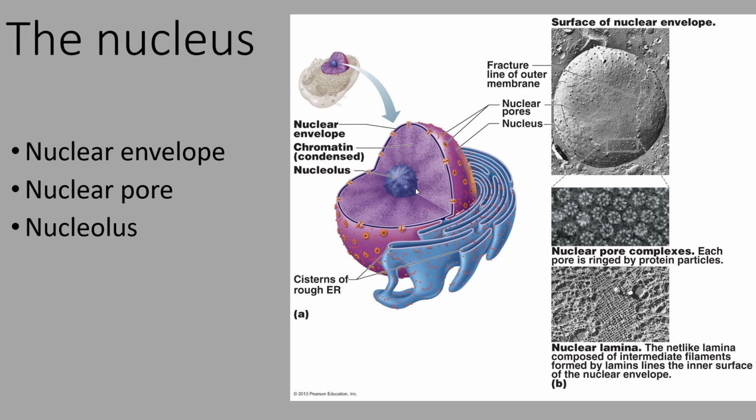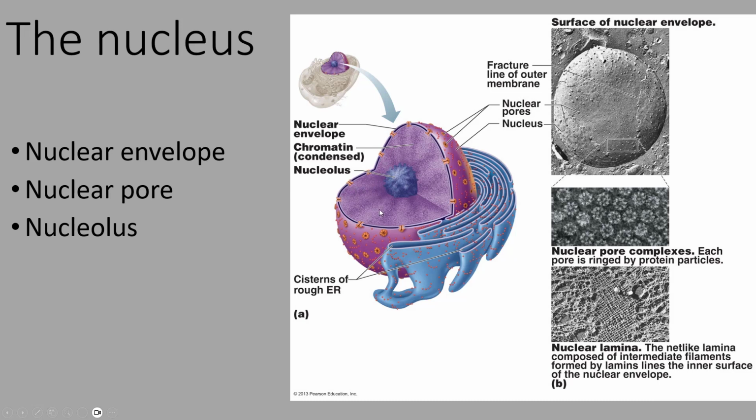And its function is to make little bits and pieces of ribosomes. And ribosomes we will look at in a future slide in this same lecture. But for right now, we will just say the nucleolus makes the bits and pieces of ribosomes. Ribosomal subunits, we will see it called sometimes. So the nucleus has a nuclear envelope that contains nuclear pores. Inside, we find the nucleolus and DNA.